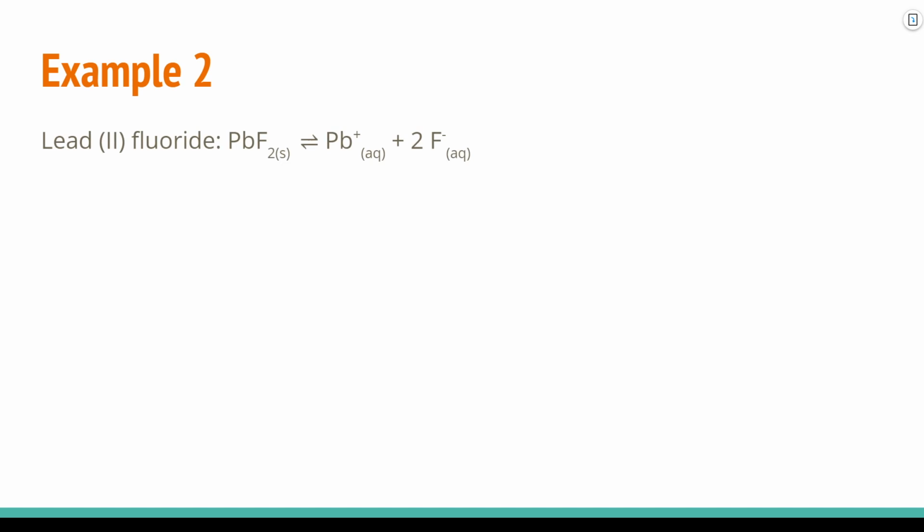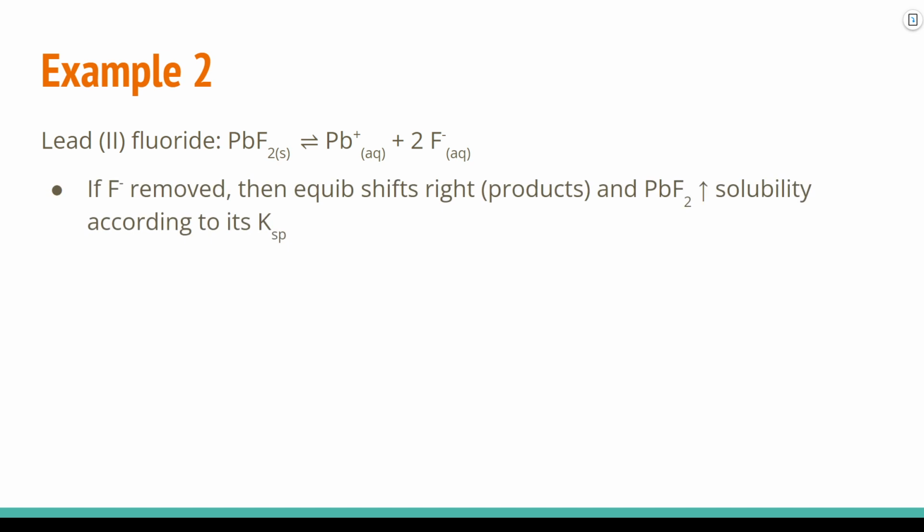Okay, another example. Here's lead(II) fluoride. Again, we have the process of dissolving it. If I removed F-, we're going to shift that equilibrium to the right, aka we're increasing the forward rate, aka we're making products. The lead(II) fluoride is going to increase in solubility according to whatever its Ksp value is, because if I got rid of some of the ion, I need to compensate for that ion.